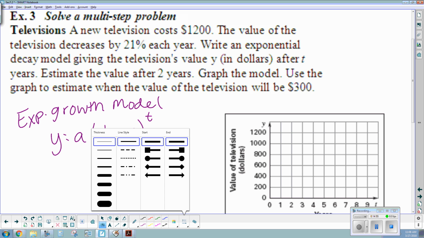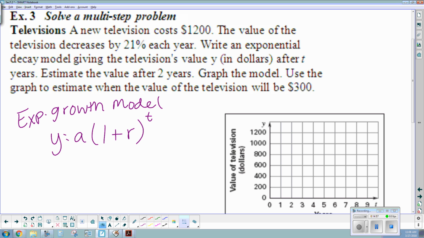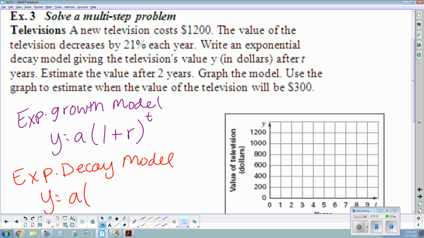So now that we're looking for exponential decay, we're getting closer to 0. So for the exponential decay model, we're going to use the model y equals a times 1 minus r to the t power.